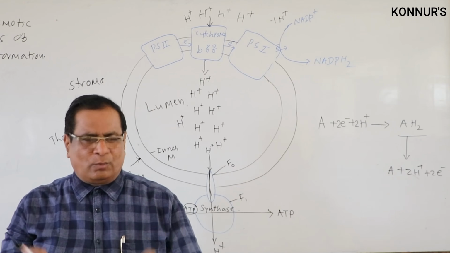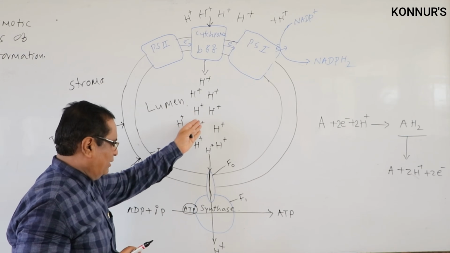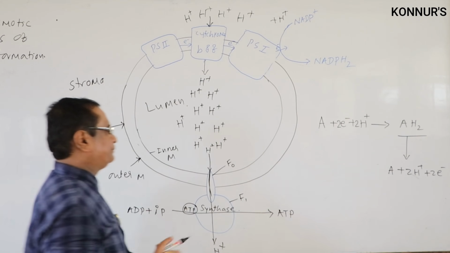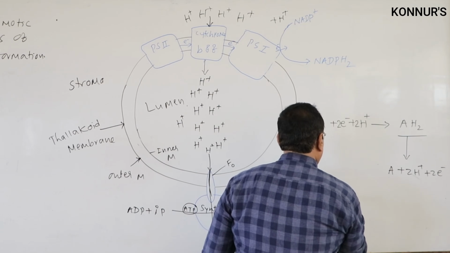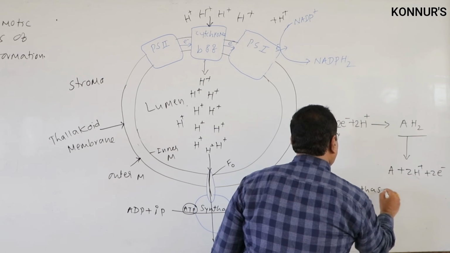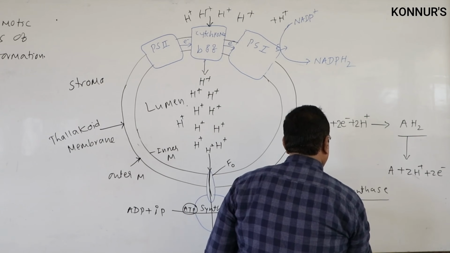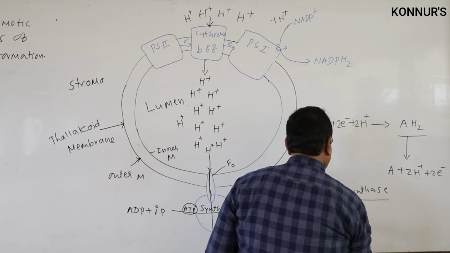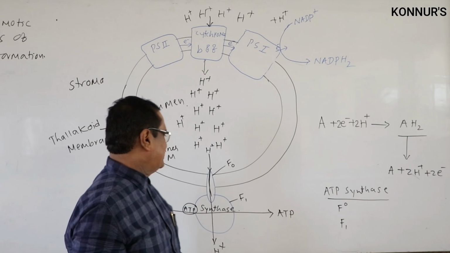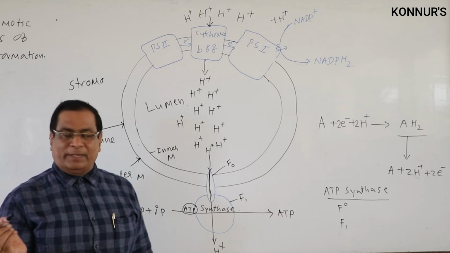Due to that proton motive force, the protons which are more in the lumen are pumped out into the stroma through ATP synthase. This ATP synthase has 2 parts. One is F0, another one is F1.